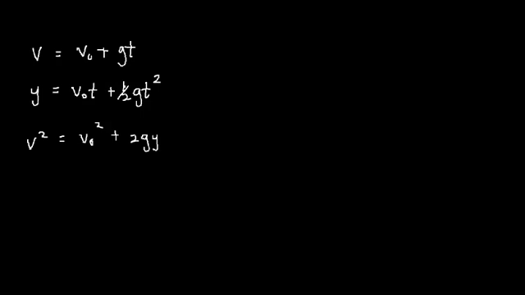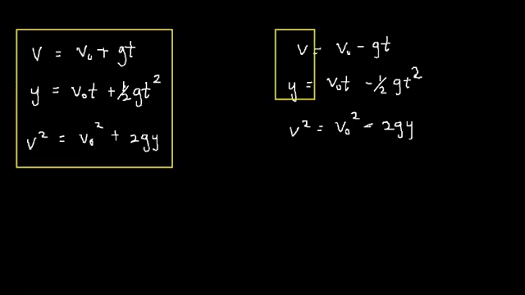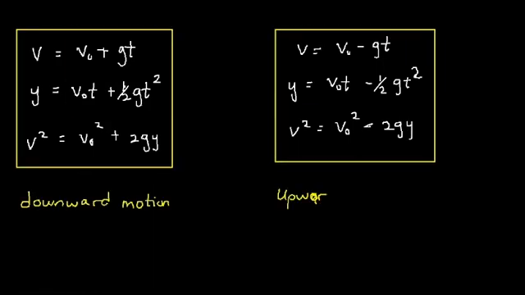Thus, we can write the equations for downward motion and upward motion separately. Now, as you can see, the equations for downward motion have positive signs because they have a positive acceleration, while the equations for upward motion have negative signs because they have negative acceleration.